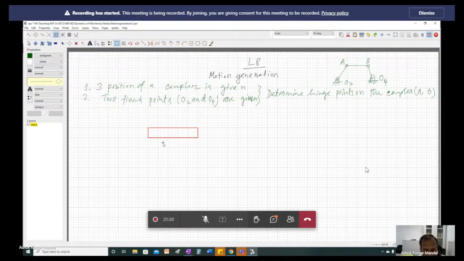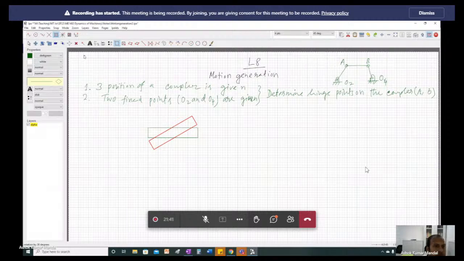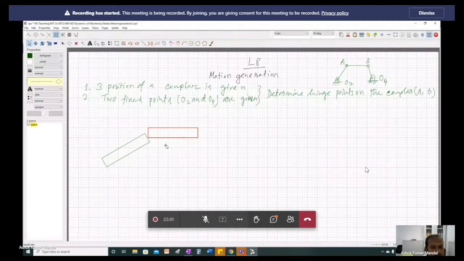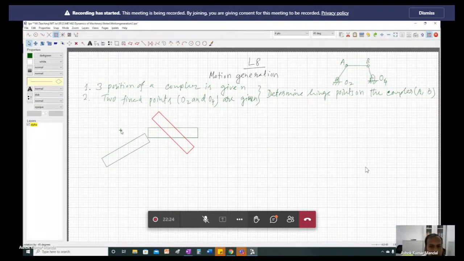Suppose the other positions of the couplers are like this is one of the positions, and the other position is, okay, these three positions.